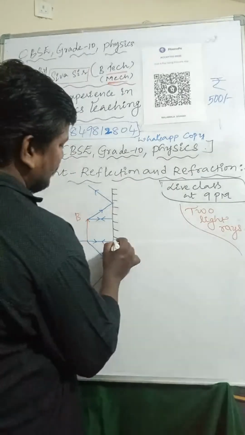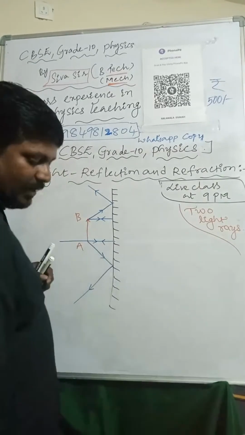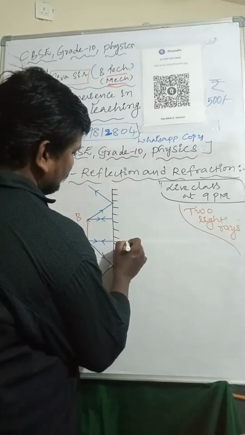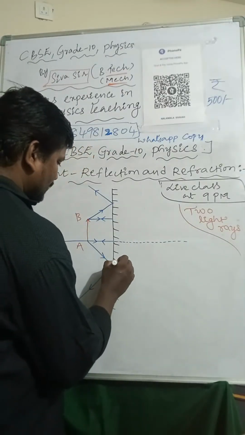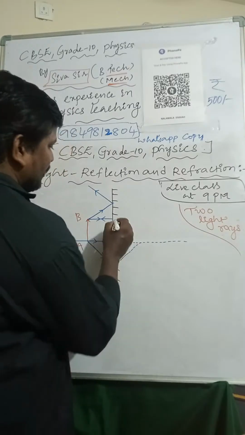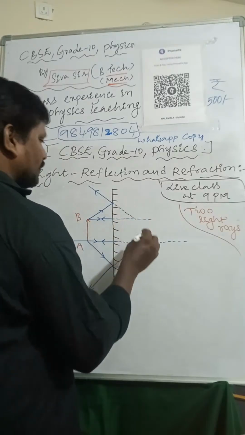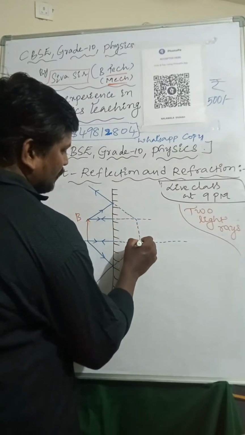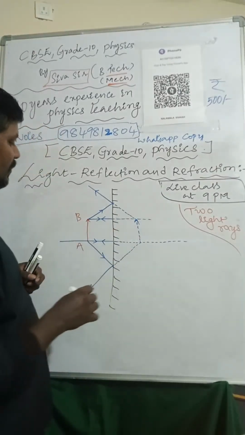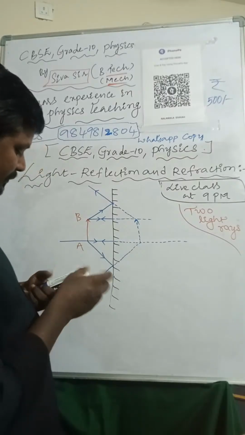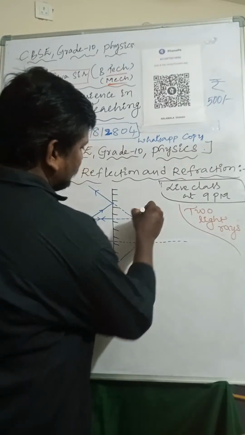Okay, so I am taking here, see, like this. Now this is A dash and B dash.